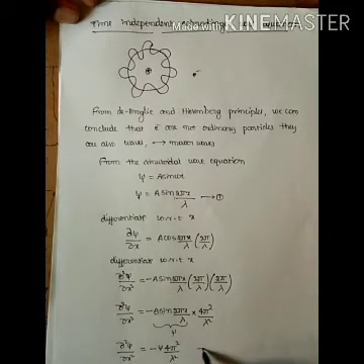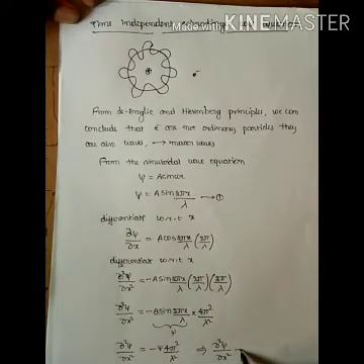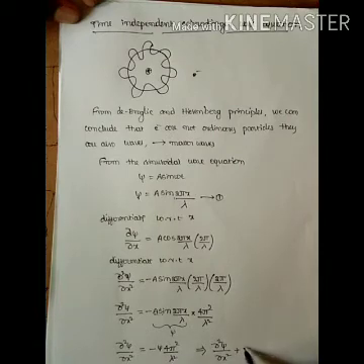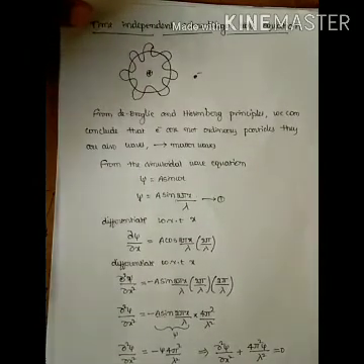Or else we can take the minus to the left hand side, so it becomes plus, and 4 pi square psi by lambda square equals 0. And from here onwards we shall continue further.